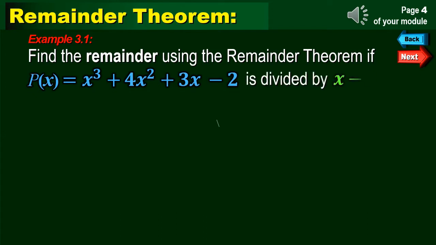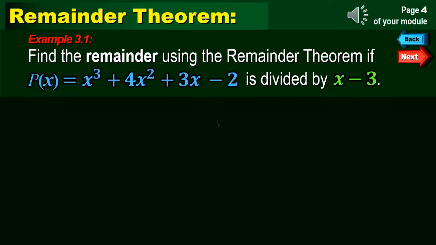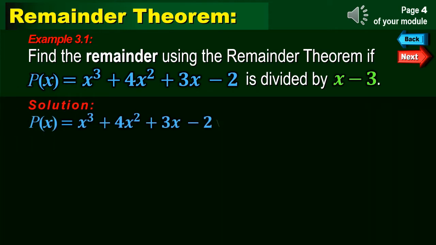Find the remainder using the remainder theorem. So P of X is equal to x cubed plus 4x squared plus 3x minus 2 is divided by x minus 3. So this is the solution. Again, write P of X is equal to x cubed plus 4x squared plus 3x minus 2.